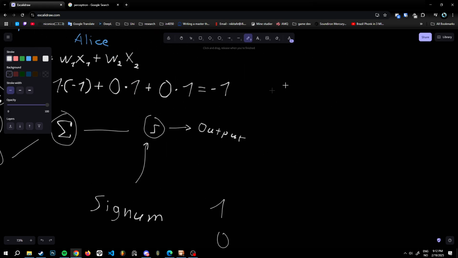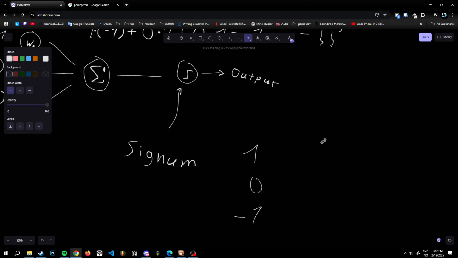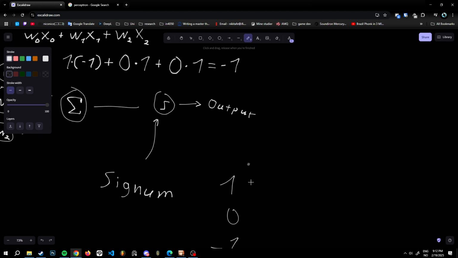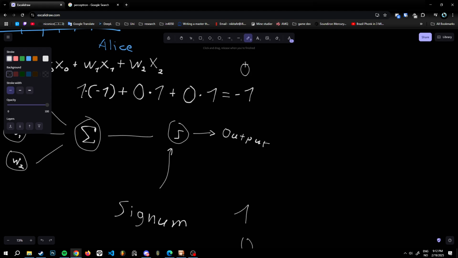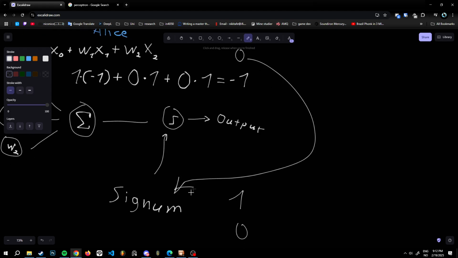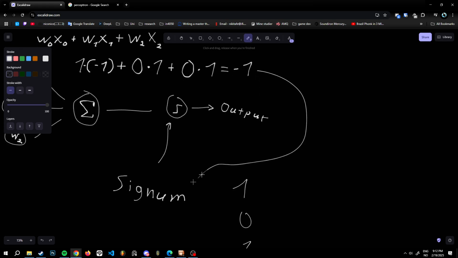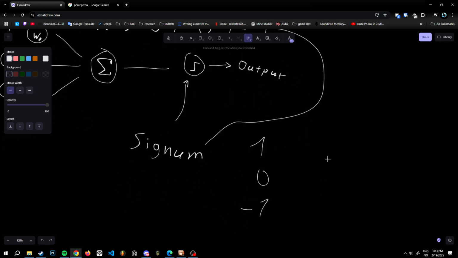Meanwhile, if our function had like -55, what would it return? It would return -1, and it would return 0 if the input itself is 0. So if what we had here was 0 and we put that into the signum function, it would give us 0. But here we input -1 into the signum function and we return -1.